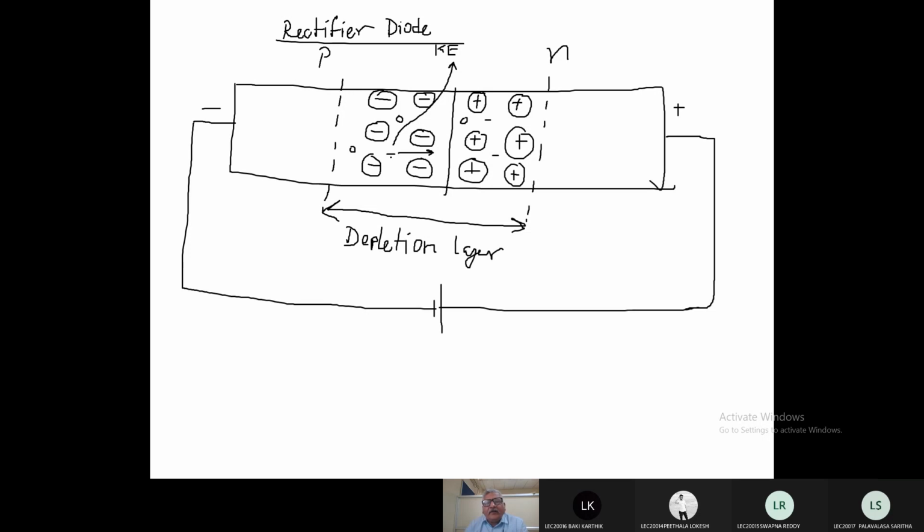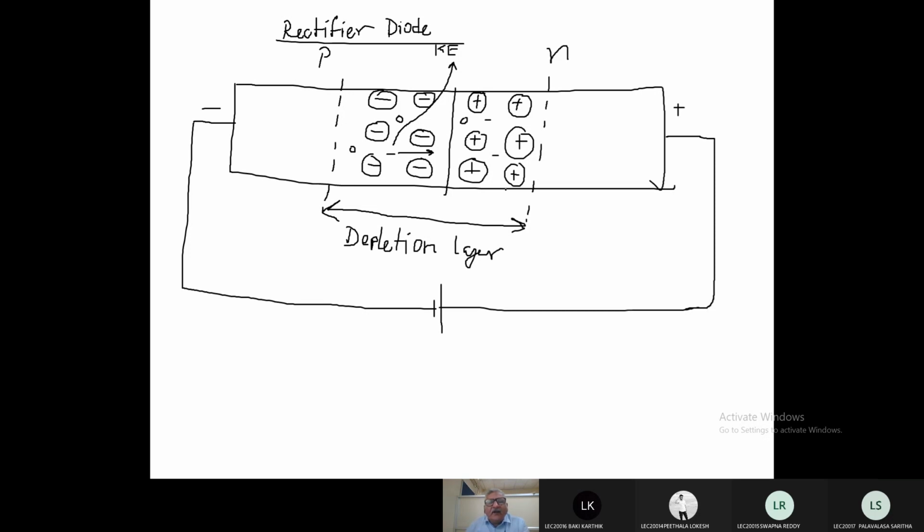Since it is moving in this depletion region, and the depletion region is very wide, it will cover a lot of space while moving. So it will gain velocity, and by gaining velocity its kinetic energy will be very high.